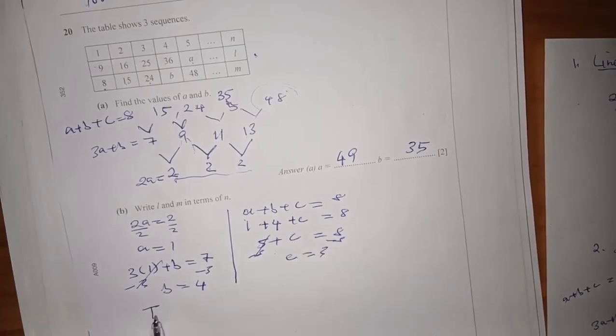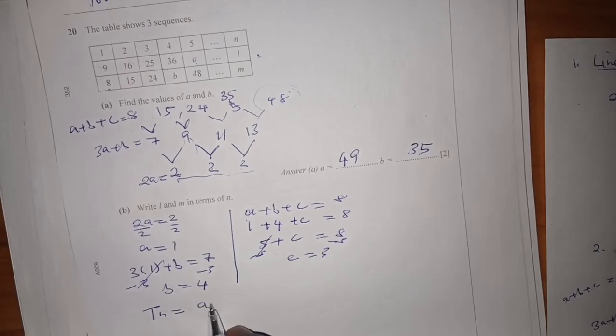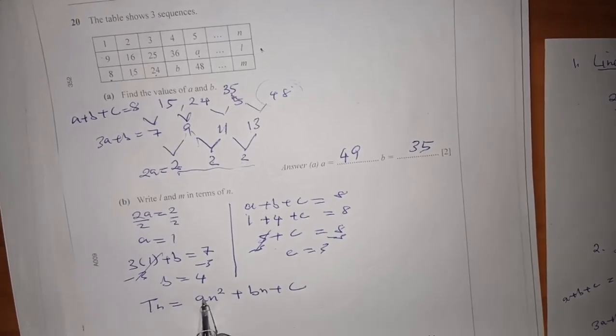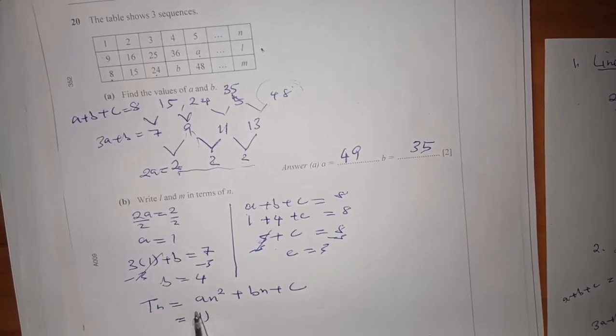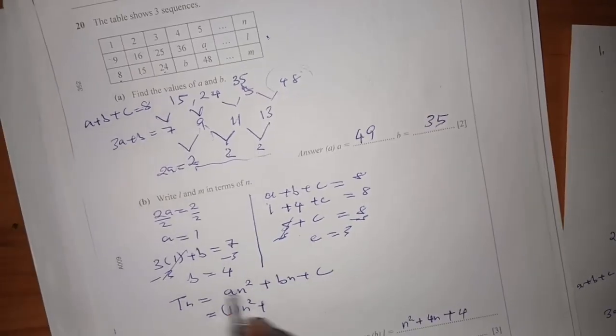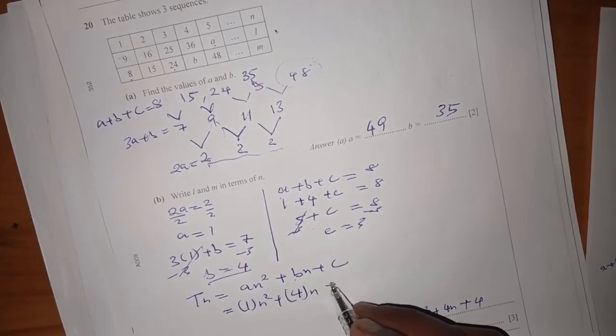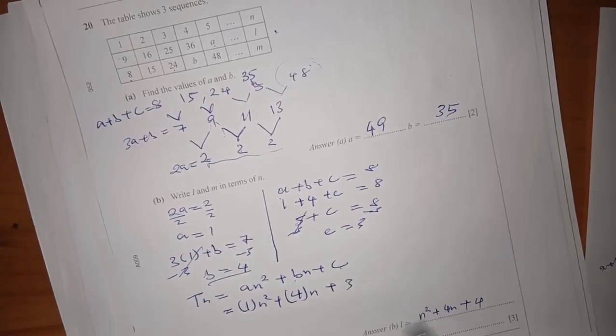So your Tn is equals to an squared plus bn plus c. Replace a with 1. Replace b with 4. And replace c with 3.